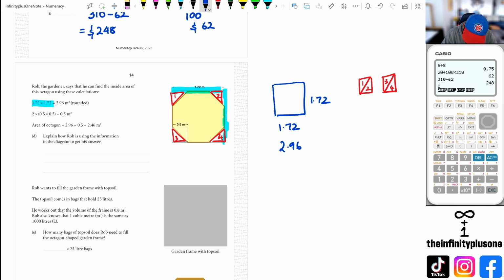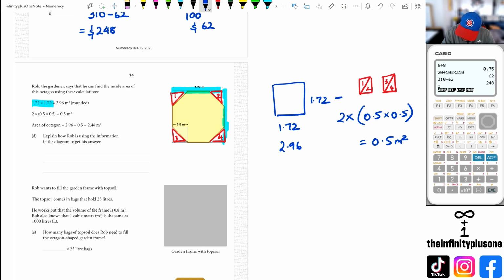And this is where he gets that 2 multiplied by 0.5 times 0.5. In that second line, he's calculating the area of the triangles, but he's got 4 triangles or 2 squares. So that's equal to 0.5 meters squared.